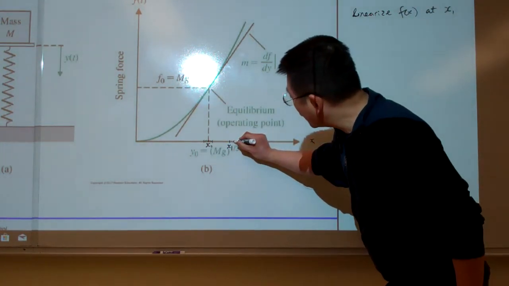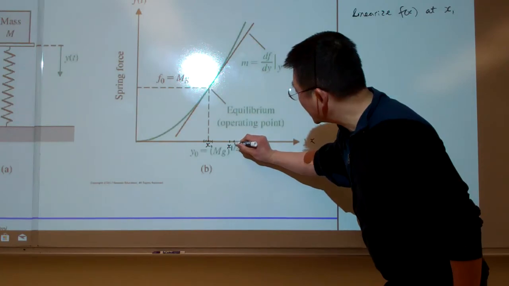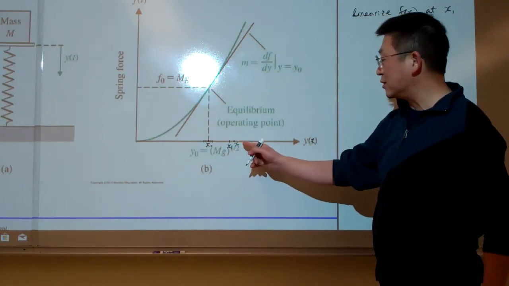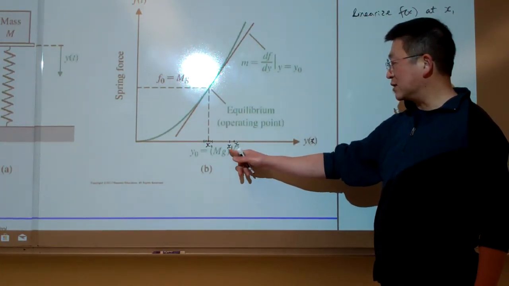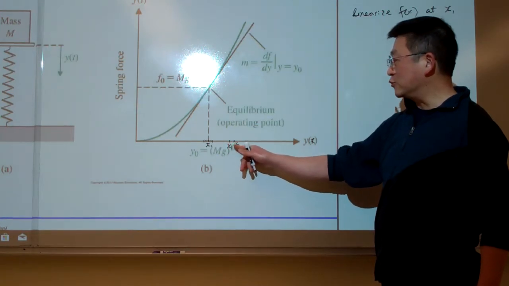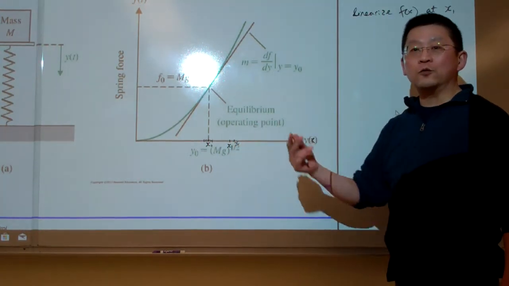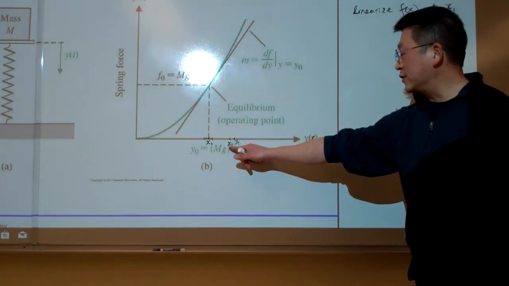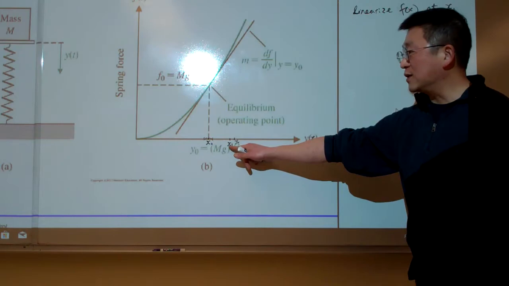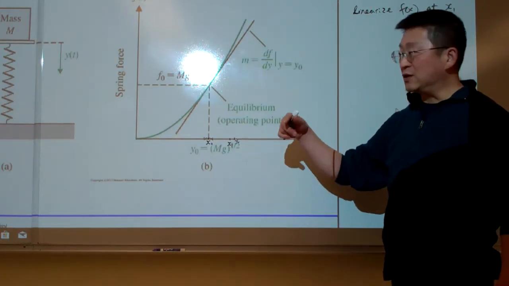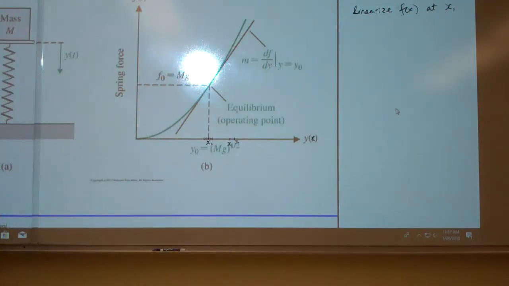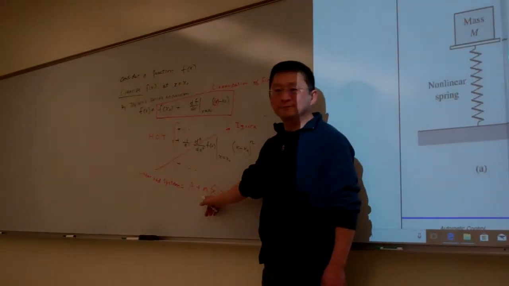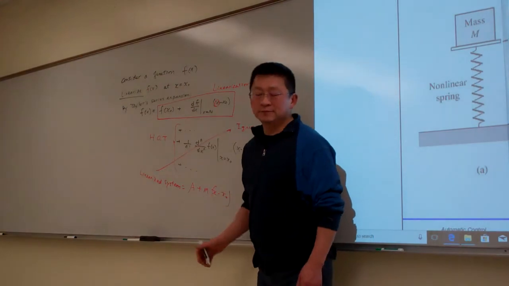If you want to estimate the system behavior at this x, you simply move the operation point to nearby where you want to go, and work on the new system. For the system linearized about this point, you can expect a different value of a and a different value of m. Are we good? Okay, good.